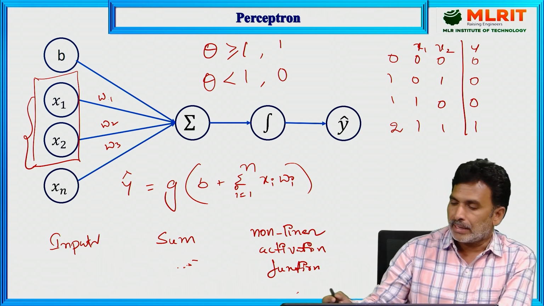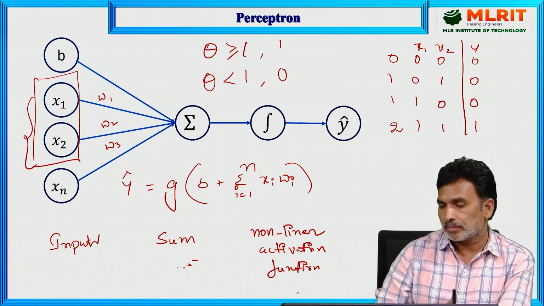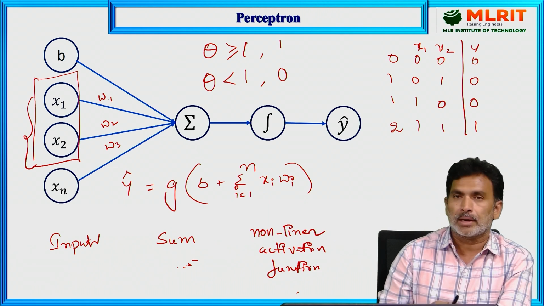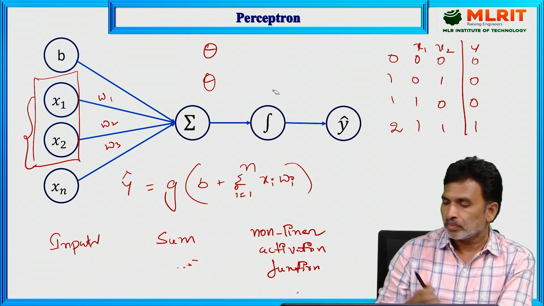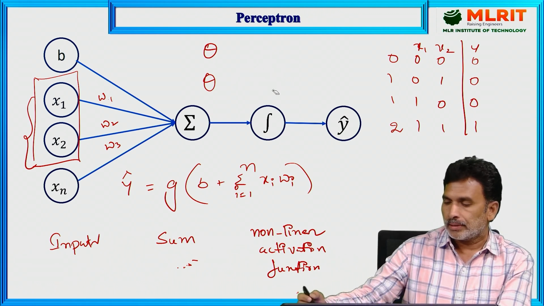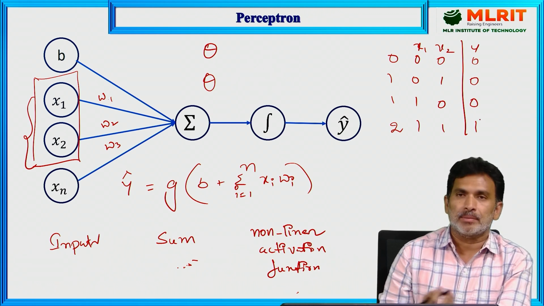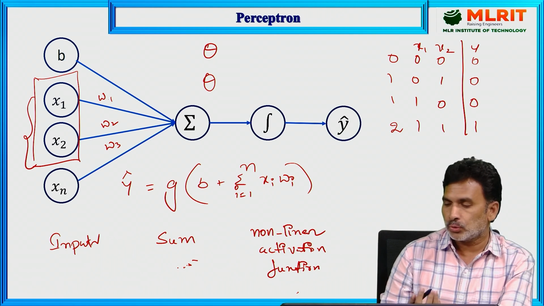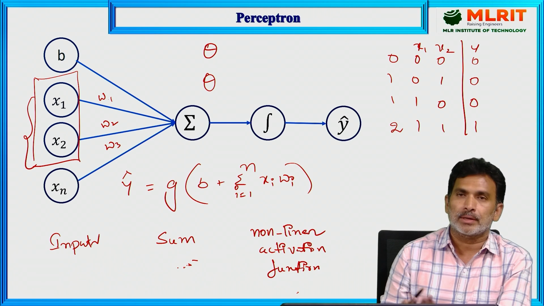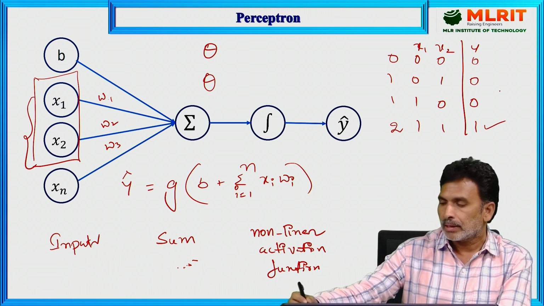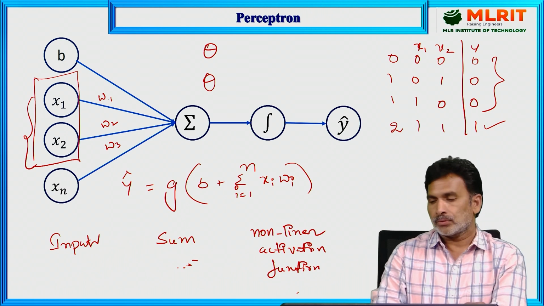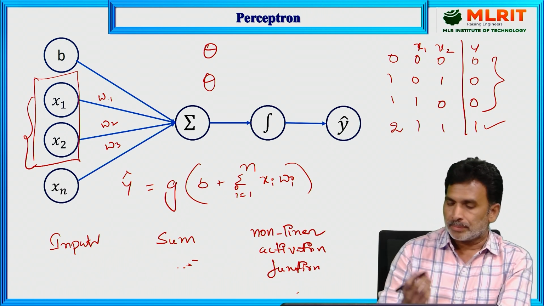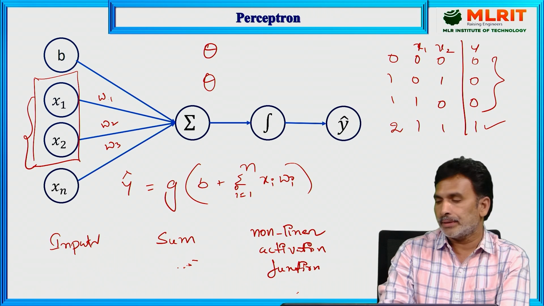But for the AND gate, with two inputs, how can we define the threshold value? Let us try to understand here. There are two inputs, so the total sum should be 2. Only if all inputs are 1 does it produce the output 1, and in all the remaining cases it has to produce the output 0. So what will be the threshold here?